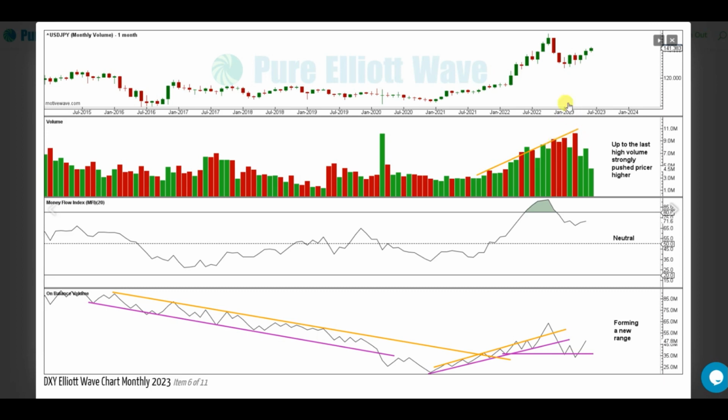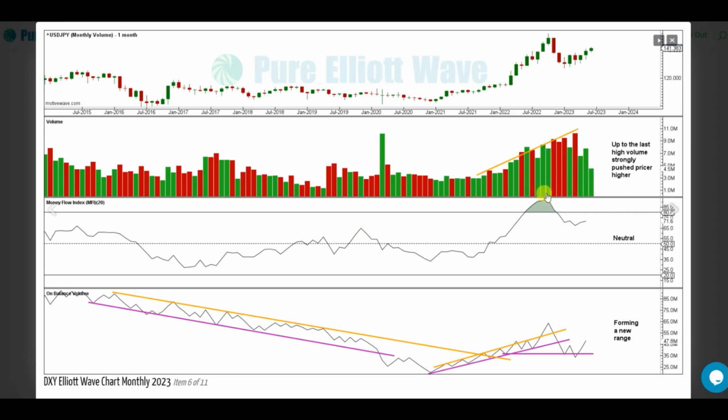And then with the pullback, which started here, volume has decreased with the bull movement. So that is a sign of a potential bear market from a volume profile perspective.